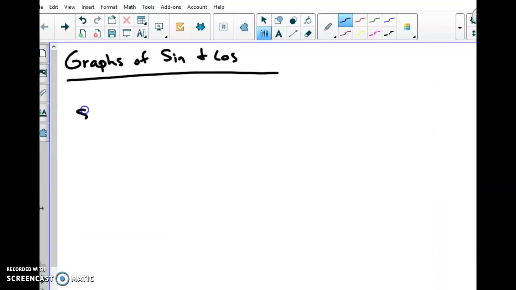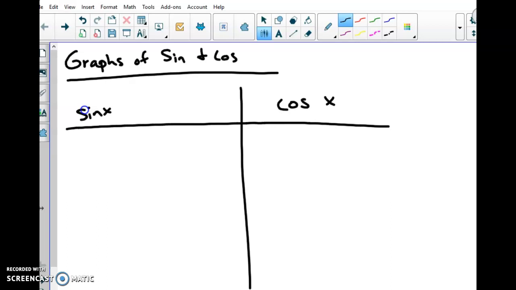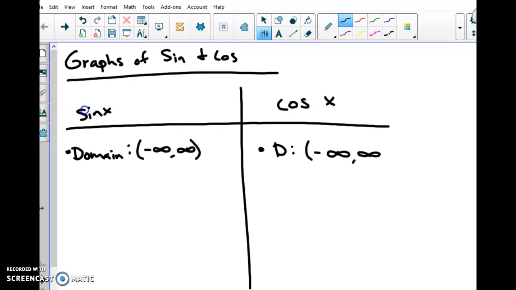So looking at our notes here, sine of x versus cosine of x. So sine of x, the domain is all real numbers. Same thing for cosine.